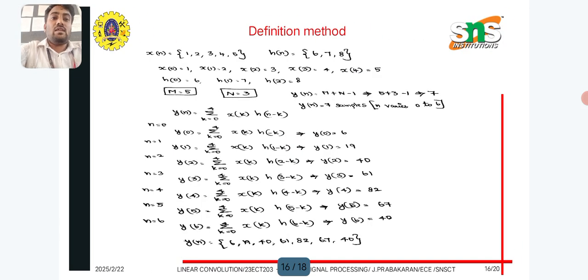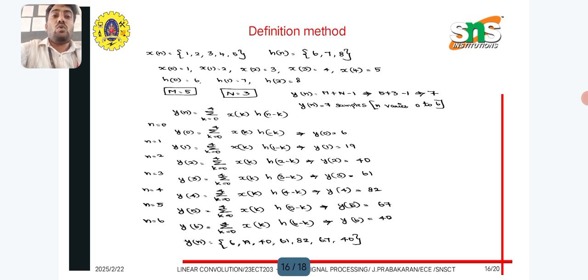In the definition method, you can solve y of 0, y of 1, y of 2, up to y of 6 by using the convolution sum, which means the linear convolution formula.